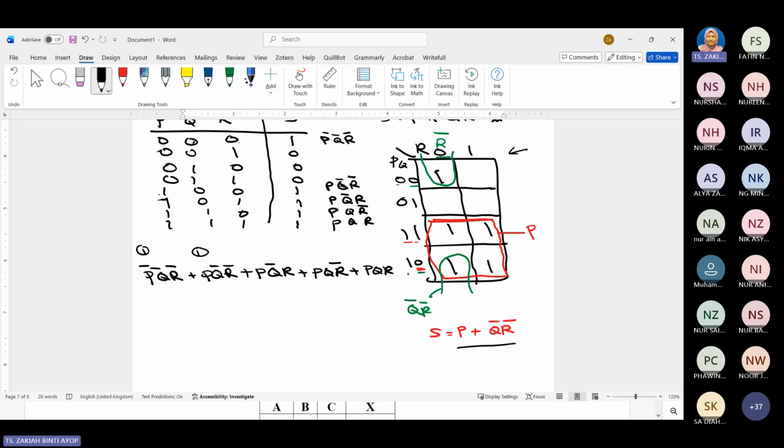Okay, so 1 and 1 because of Q bar and R bar, can only be paired with this one.